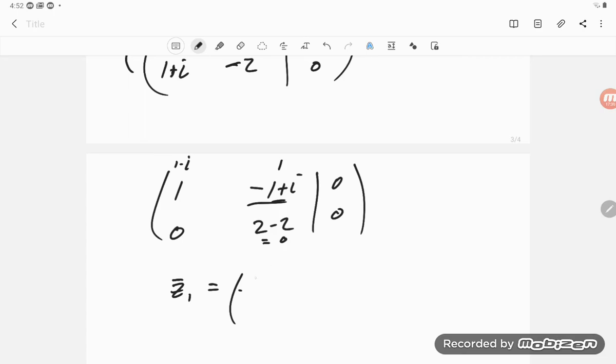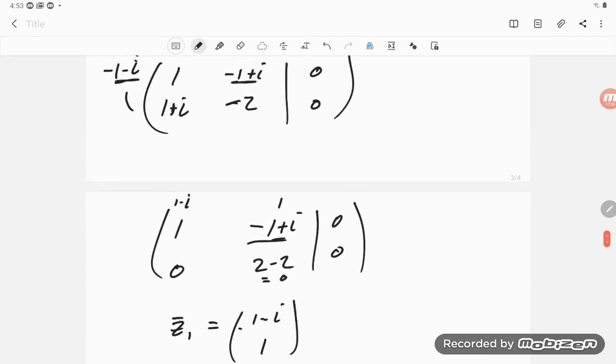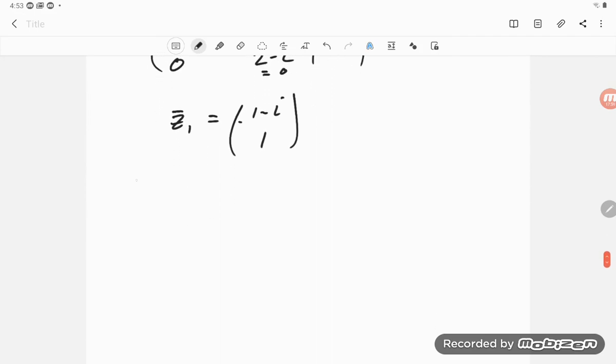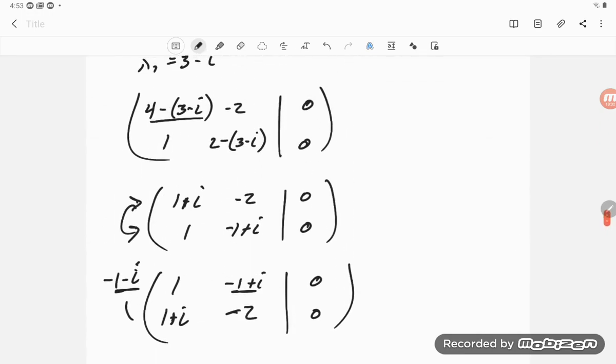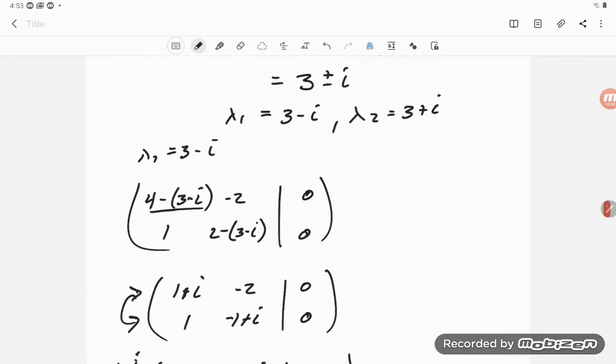And so if I let the first component be 1 minus i, and the second component be 1, there's my z1. Now, similarly, we'll go with our lambda 2, which was 3 plus i.